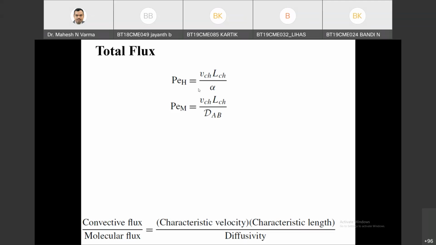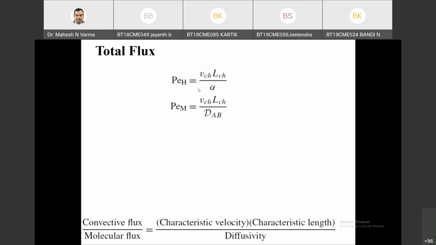Roll number 56, Jitendra. Yes, sir. So what is the answer to the question? Sir, it may be.